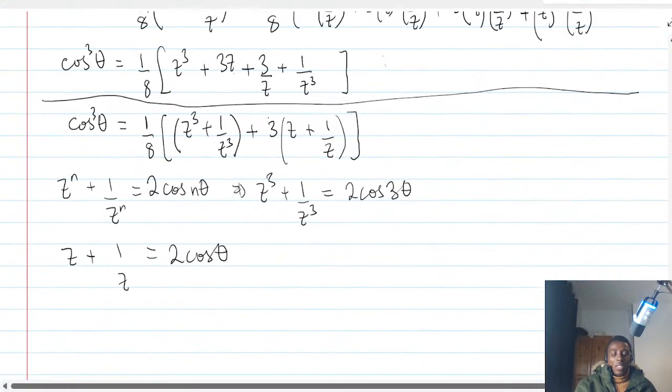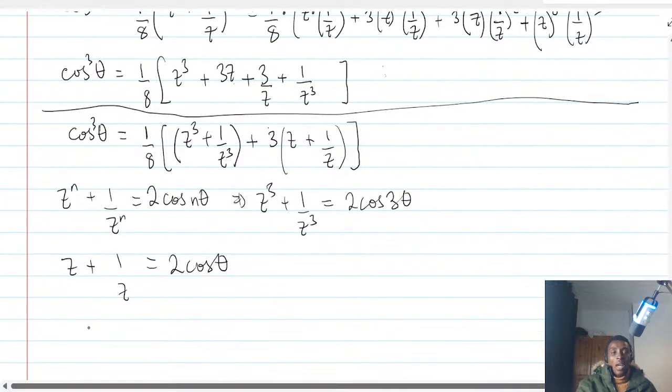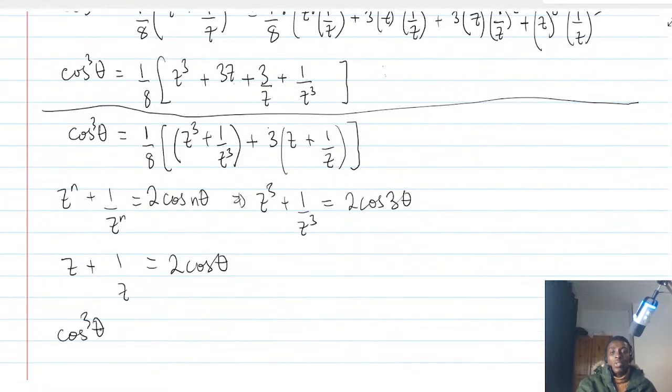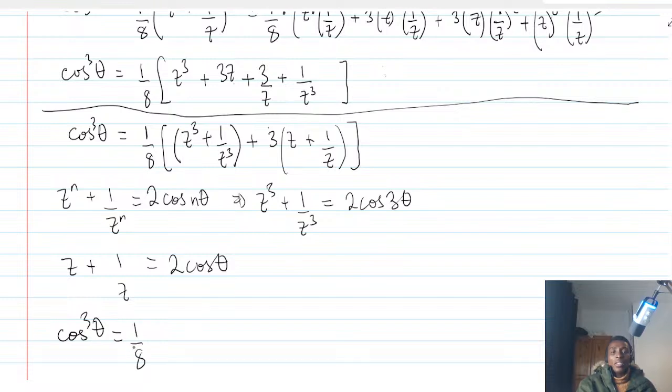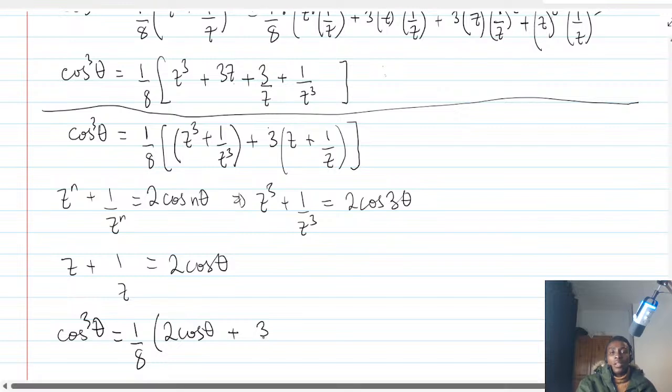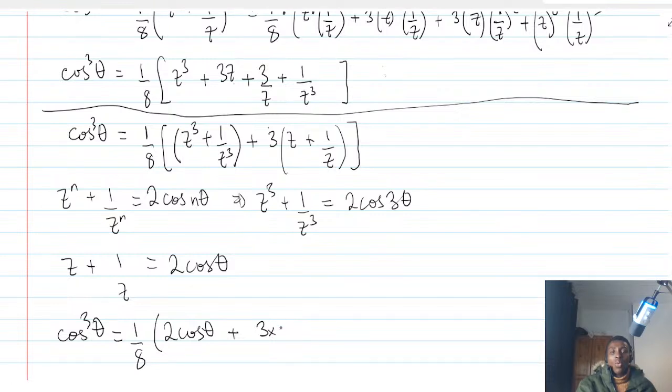So if you put everything inside, we are expecting cos cube theta to be what? 1 over 8 multiplied by 2 cos theta by 3, multiplied by what?